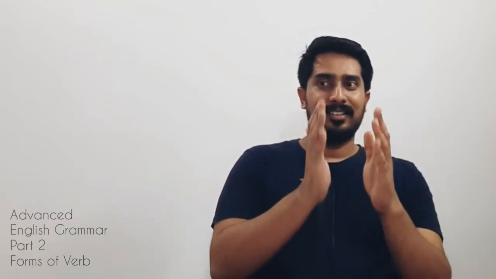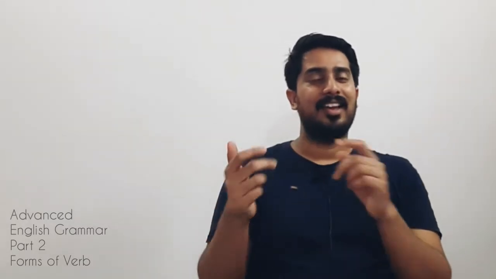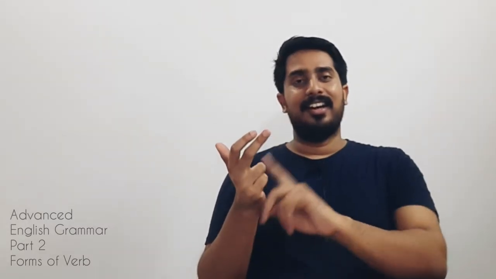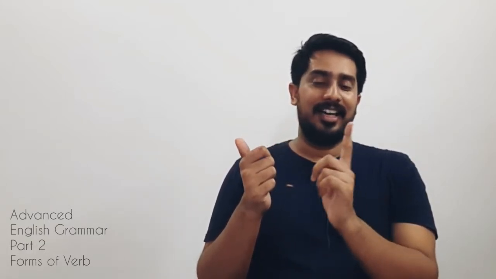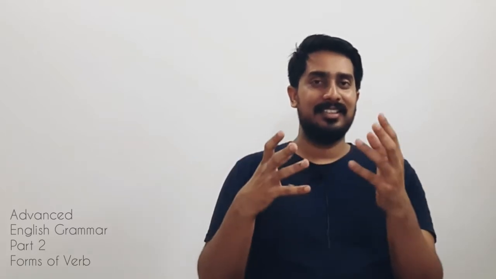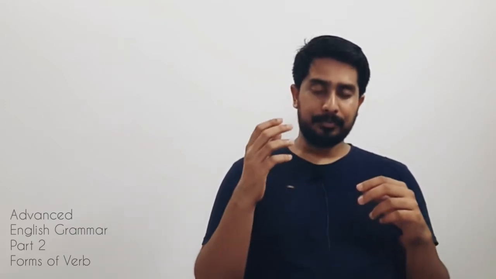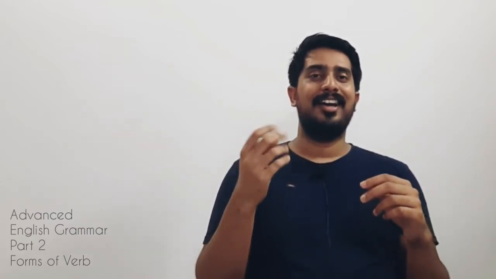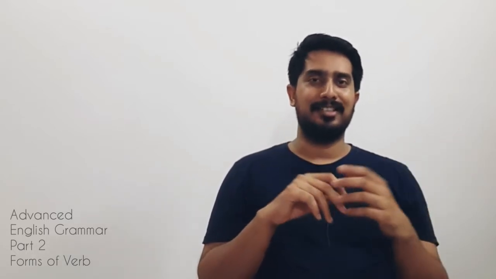It's easier to understand that the past form of the verb is mostly used in the past tense itself. I cried, the baby cried, or I ate my breakfast, or I read the book, I wrote my diary. All these things in the past tense, this past form of the verb is used. But the present form of the verb, see, cry, run, these are actually used in present and the future tenses also.